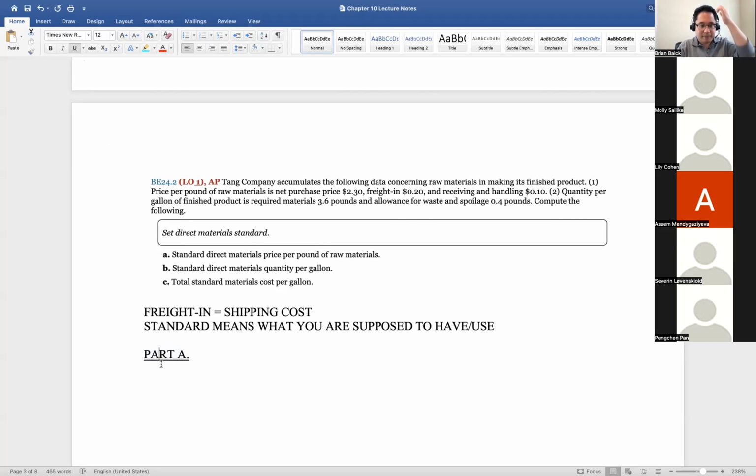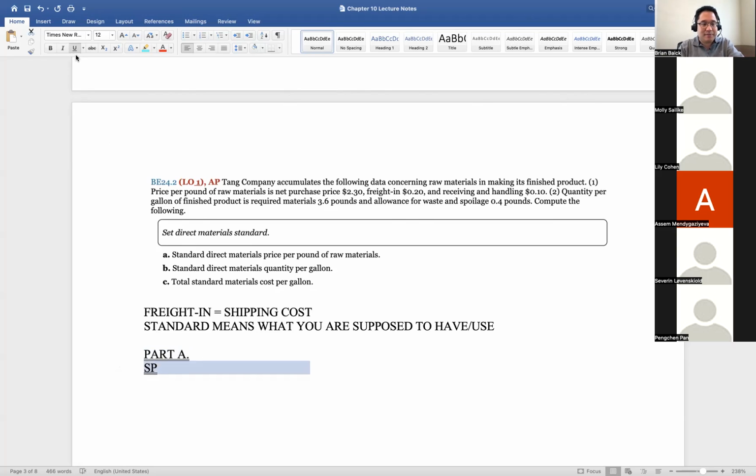Part A says, what is the standard direct material price per pound of raw materials? What is the standard price? Yeah, $2.60, right?